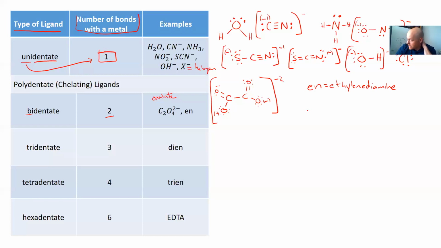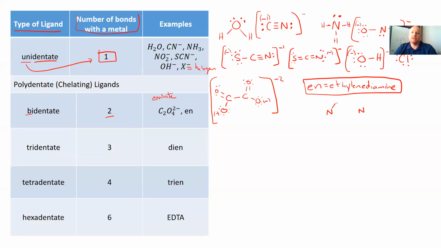I'll draw the Lewis structure, and then there are some abbreviations to use with ethylene diamine and the next couple. Ethylene diamine is an interesting one. It's actually a pretty cool ligand. It does bind in two locations. The diamine tells you there are two nitrogens. There's one nitrogen, there's the other.